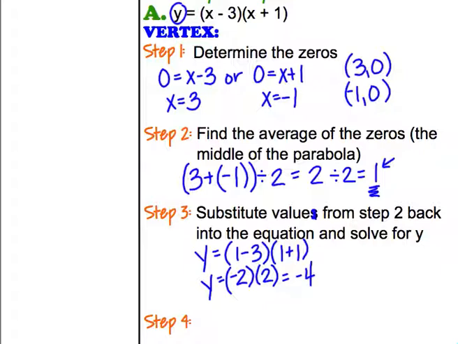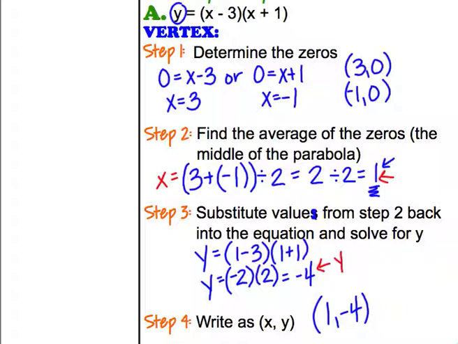The final step is to write that as (x, y). So our vertex is (1, negative 4), because our x coordinate is 1 and this is our y.